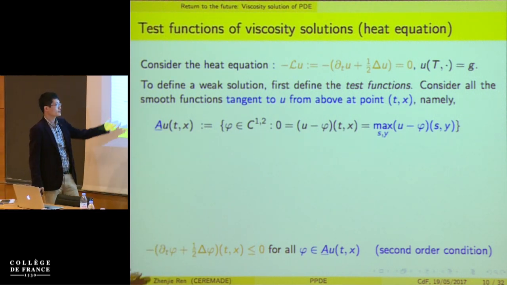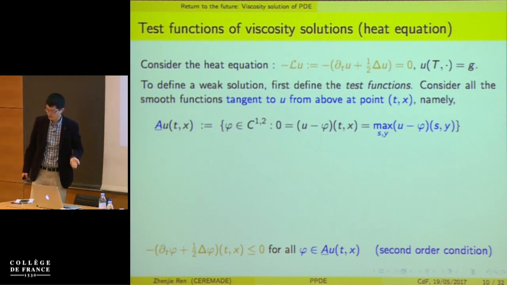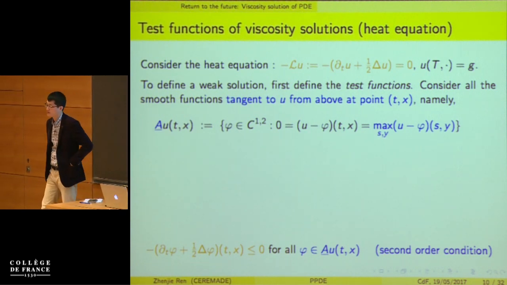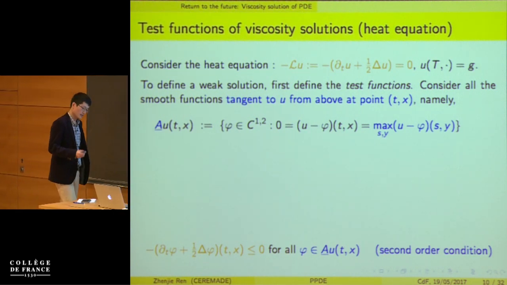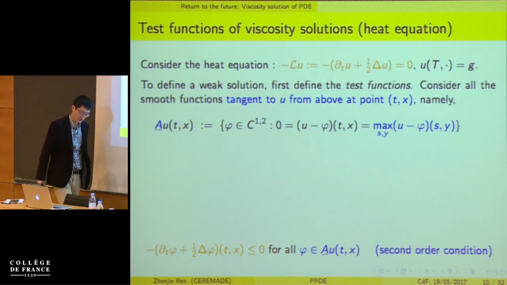So we deduce that the phi function will certainly satisfy the sub-equation. This is an observation through this simple analysis.